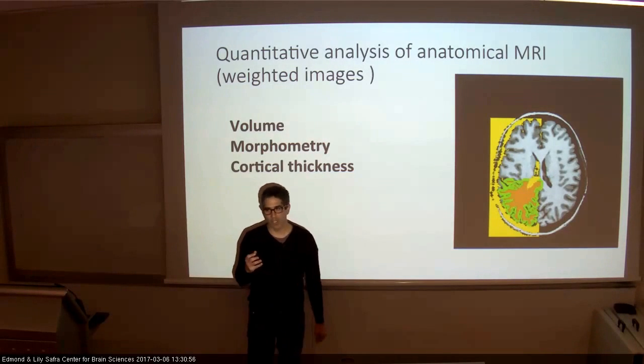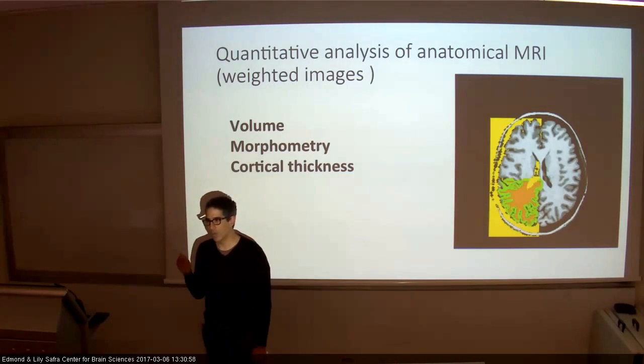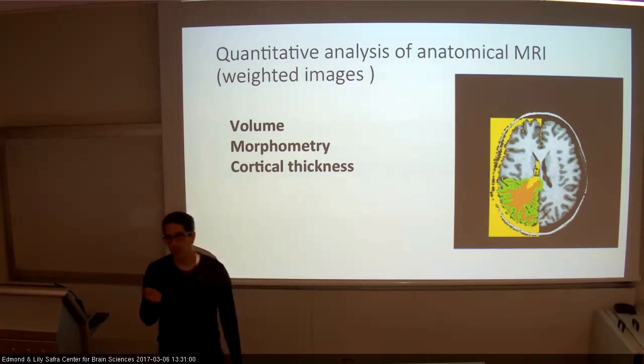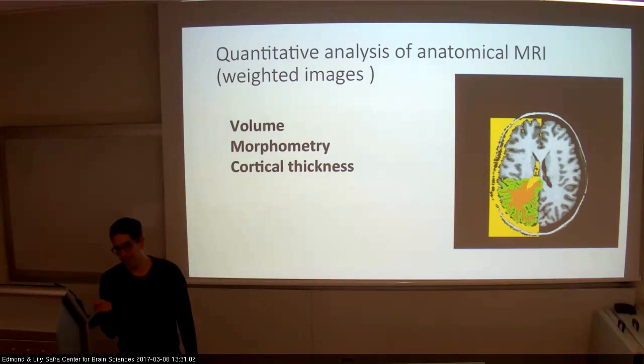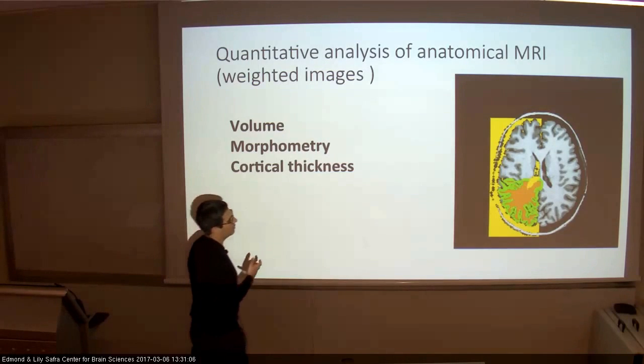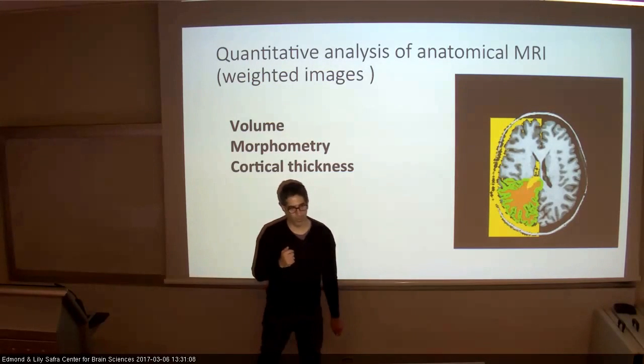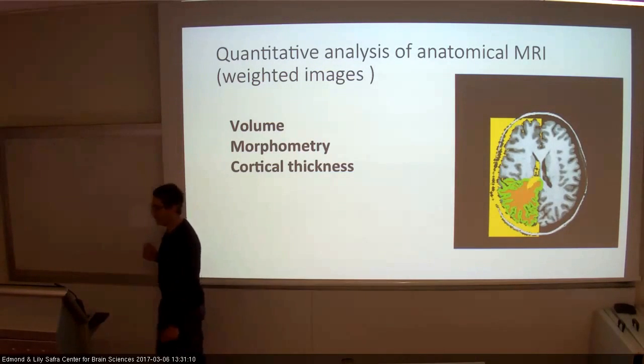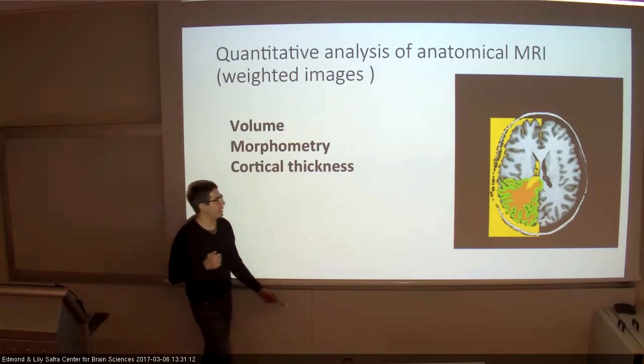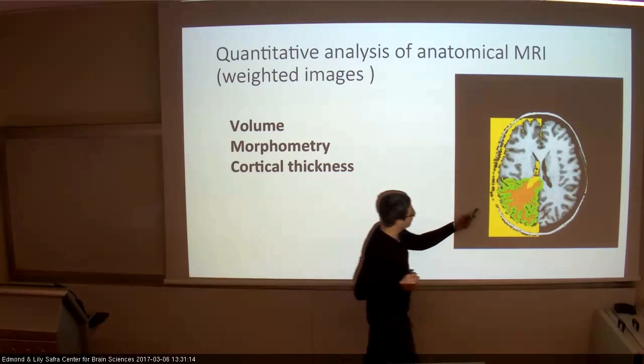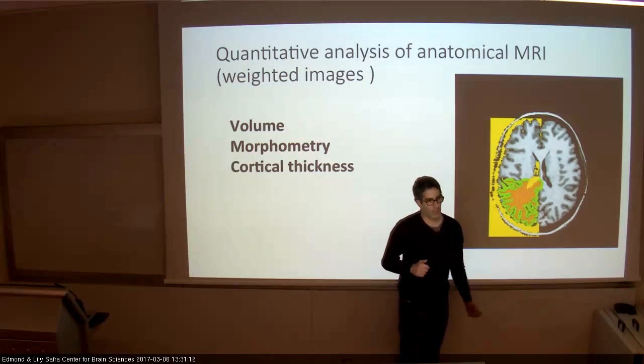So those are the things we can do. Although the images were qualitative images, we can do quantitative inference about them and compare between groups of subjects, given that we're doing the same pipeline to all of them. Okay? So for instance, let's say in here I segment the occipital lobe. Right?